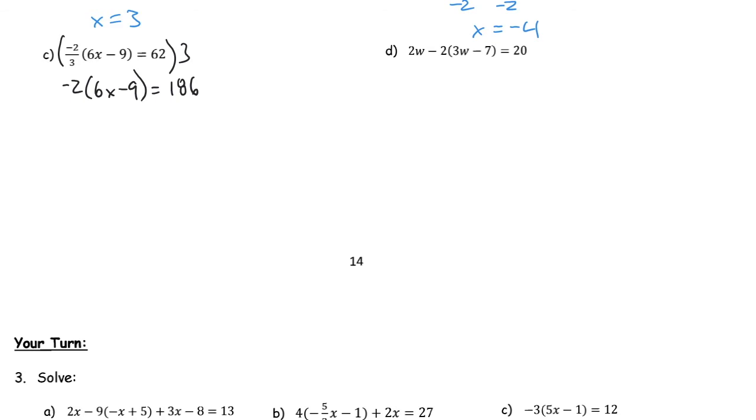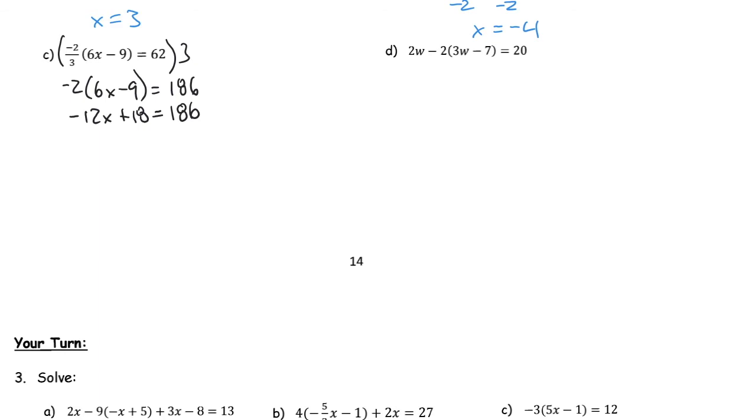Now, I did not have to do that. In fact, if I was to multiply that negative 2/3 through by the 6 and the negative 9 there, you would see that those actually work out to be pretty nice numbers. But still, I know a lot of people are not going to be happy with fractions, so by default, a lot of you would just get rid of those fractions there. And so now I distribute the negative 2 through.